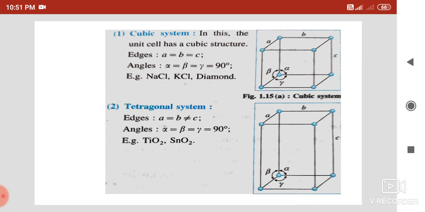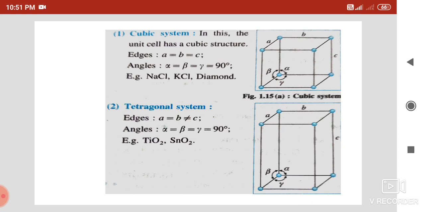Then next is the tetragonal system. In this system you can see that A and B are equal, but C is not equal. C is a little longer than A and B. In the previous cubic system, A equals B equals C. In this case, A equals B but not equal to C. And the angles alpha, beta, gamma are each 90 degrees.